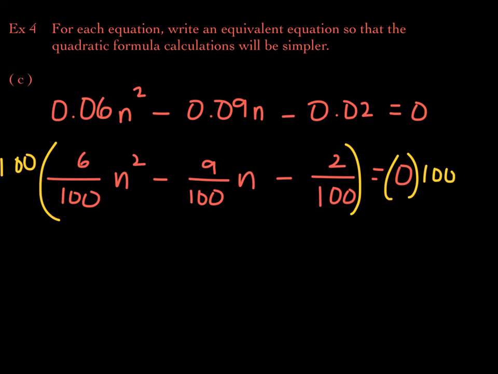In other words, you're just left with these integer values. So the equivalent equation would be 6n squared minus 9n minus 2 is equal to 0. So instead of plugging in these decimals, where it'd be quite challenging to do the calculations, we can plug in the numbers 6, -9, and -2.